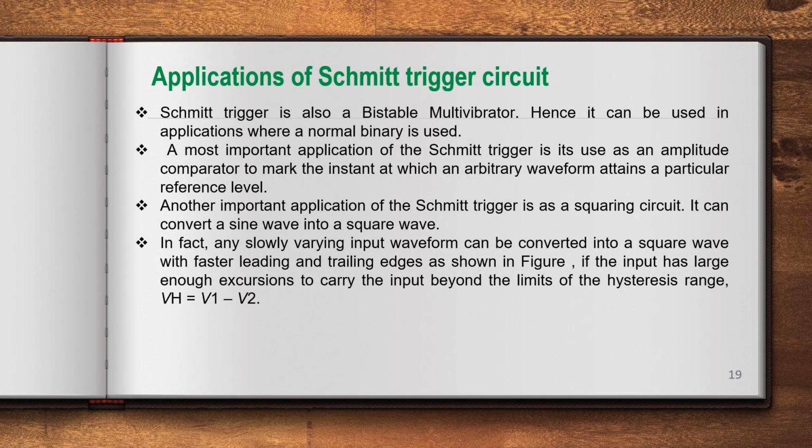The Schmitt trigger circuit converts any slowly varying input waveform into a square wave, if the input has large enough excursions to carry the input beyond the limits of the hysteresis range, and this hysteresis voltage VH is given by the upper trigger point minus the lower trigger point voltage.